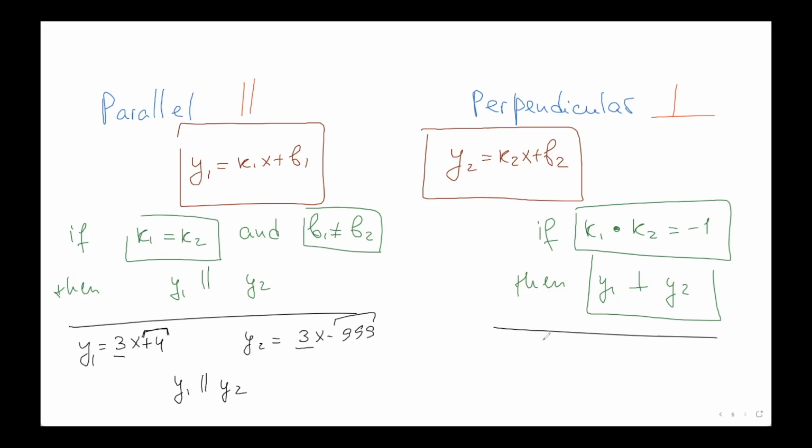How about this one? y1 is equal to 1 over 2x plus 7, and y2 is equal to minus 2x plus 300. We check if the product of the slopes is equal to minus 1. The product is equal to minus 1. Yes, it works. Then we say y1 is perpendicular to y2.